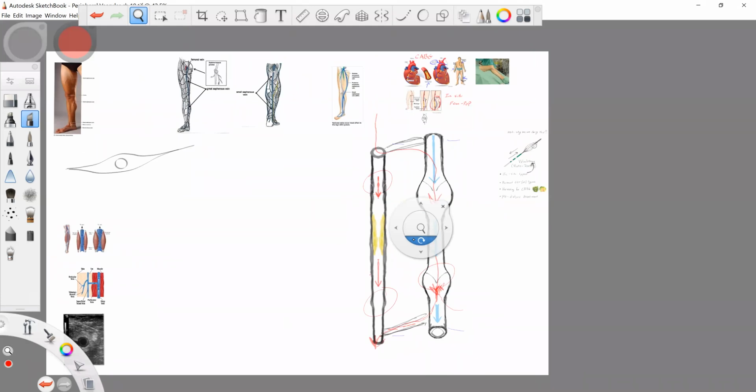So let's see. The other reason we're mapping is chapter 20, valve insufficiency testing.